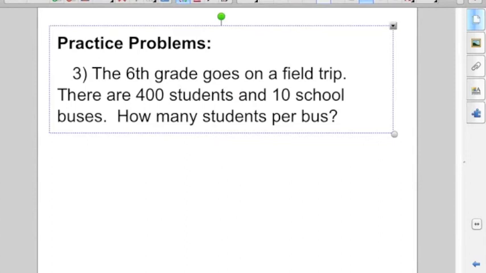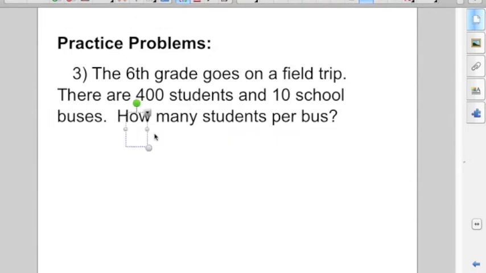First problem. 6th grade goes on a field trip. Lucky them. There are 400 students and 10 school buses. How many students per bus? Go ahead and get the answer. Press pause, figure it out, then press play when you're ready to check your work. Ready?